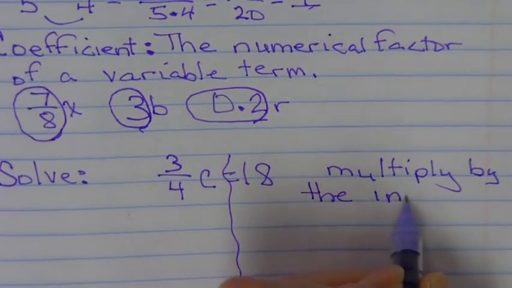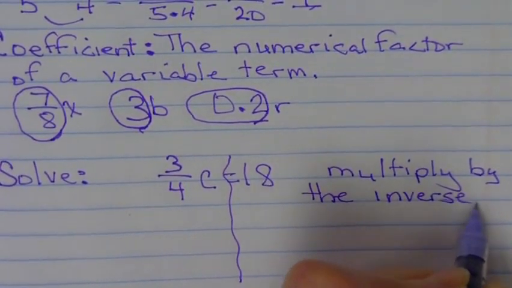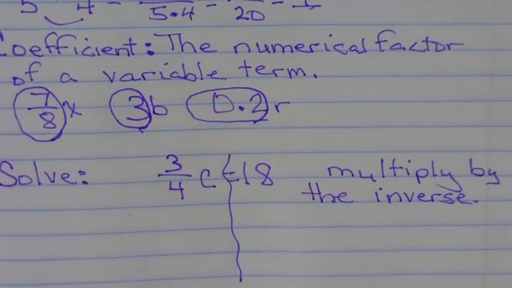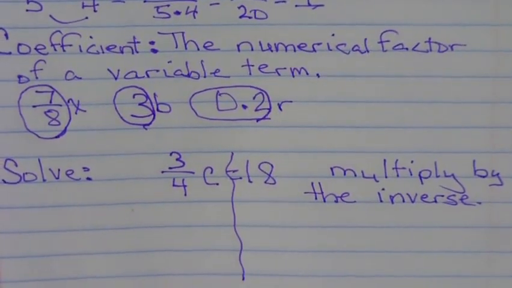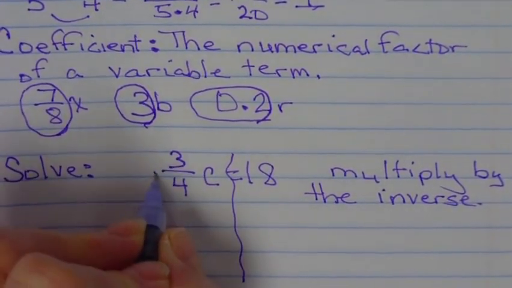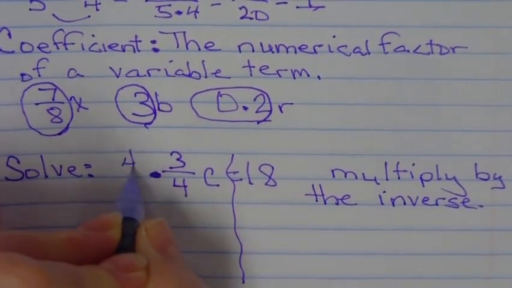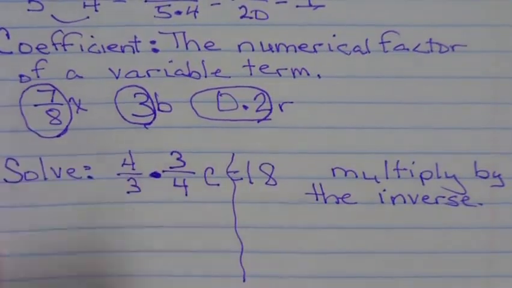We're just going to say the inverse, and you're going to know that I mean the multiplicative inverse. So to multiply by the inverse, we're going to multiply both sides by 4/3.